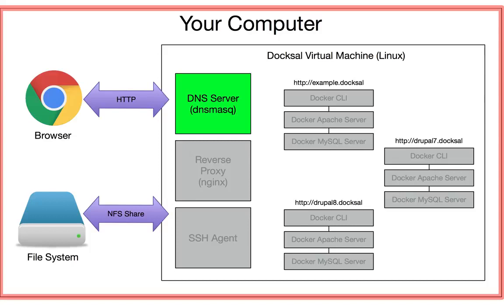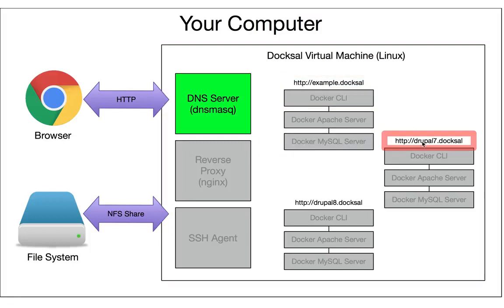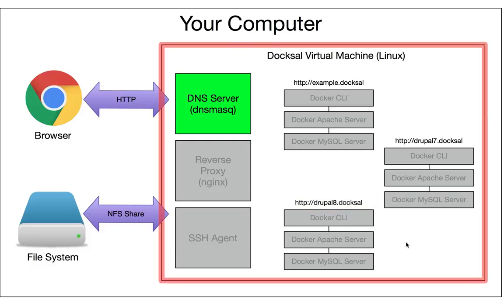That is to say, and you can see some examples of these here on screen, if you try and navigate to example.docksal or example1.docksal, that request will always be received here by this virtual machine. That's achieved by a DNS server that's actually running inside of your VM. The technology that powers this DNS server is dnsmasq, but that's not generally relevant knowledge for Docksal development.